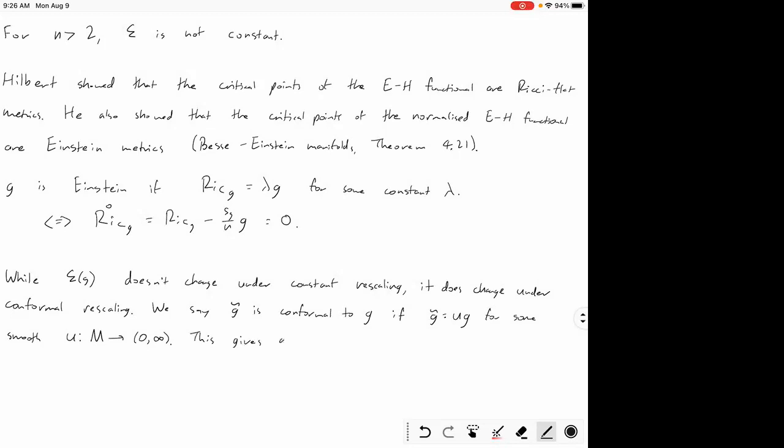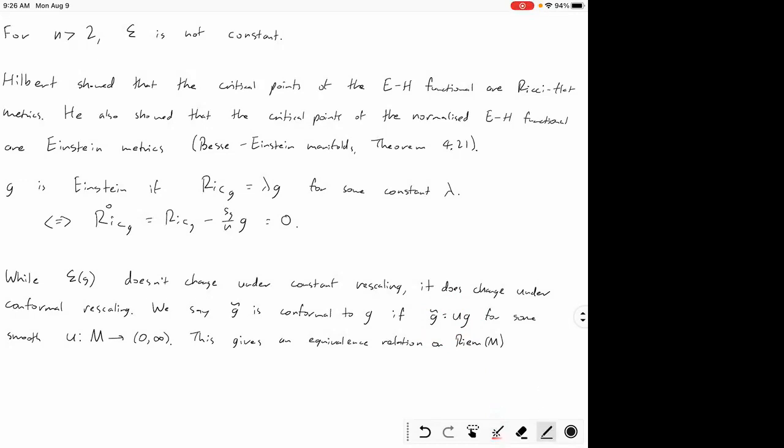So this gives an equivalence relation on the set of all Riemannian metrics. We say two metrics are equivalent if they're conformally related. Okay, so it's symmetric because if G tilde equals U times G, then G is equal to 1 over U times G tilde. You can check transitivity as well.